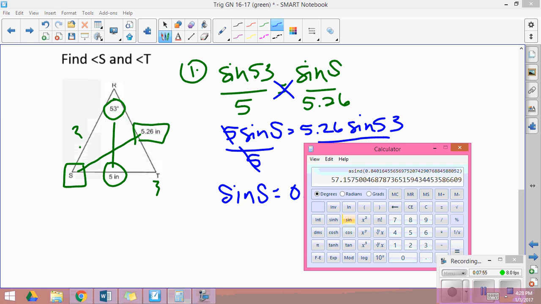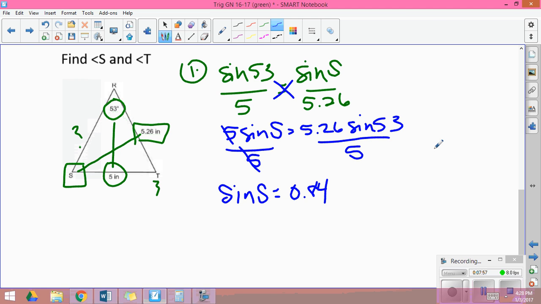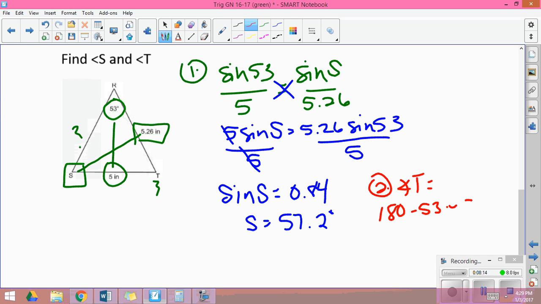It's a 57.2 degree angle. So S is 57.2 degrees. Now that makes finding T very easy, because angle T is equal to 180 minus 53 minus 57.2. And when I go to my calculator and do that, I find that angle T is 69.8 degrees.